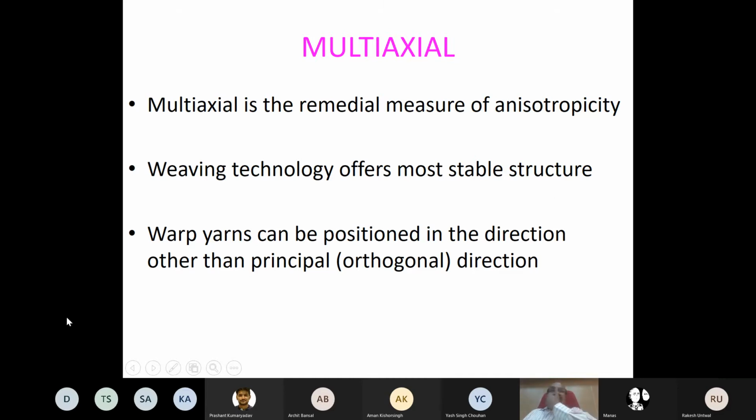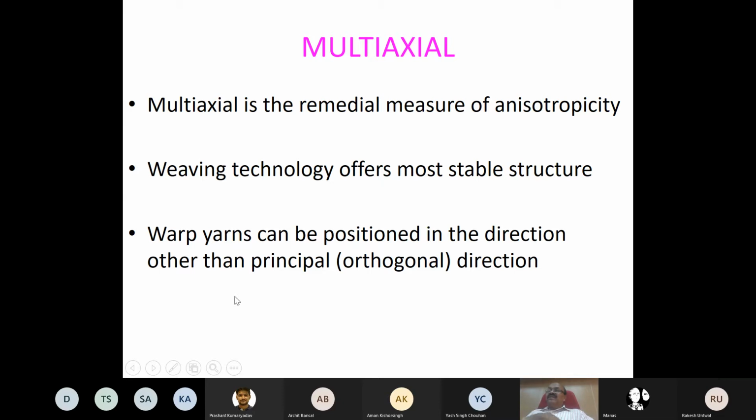Then the third point: warp yarns can be positioned in a direction other than the principal direction in case of multi-axial weave. And how this can happen, that we will discuss in this technology. How we can have more than two yarns in a weave, which can be positioned in a direction or angle other than orthogonal, meaning 90 degrees, apart from warp and weft.